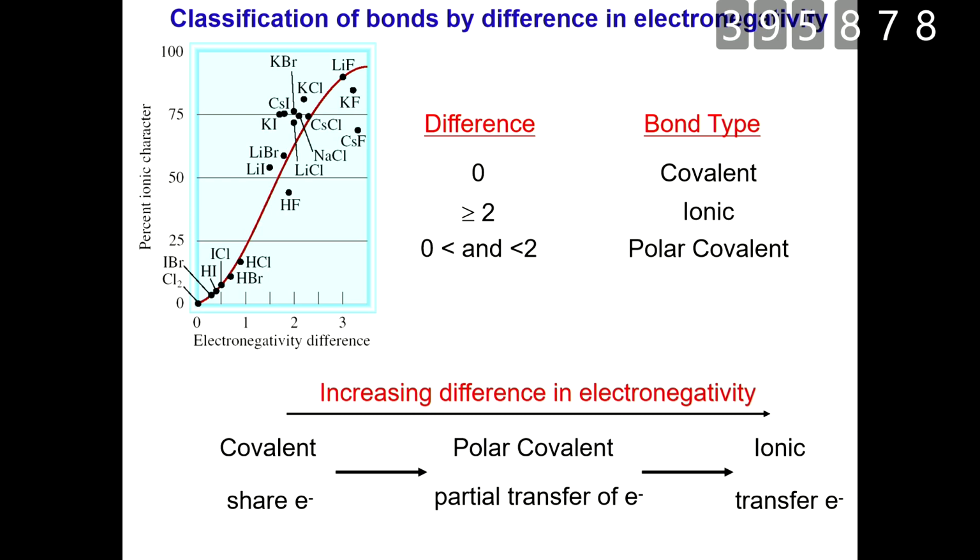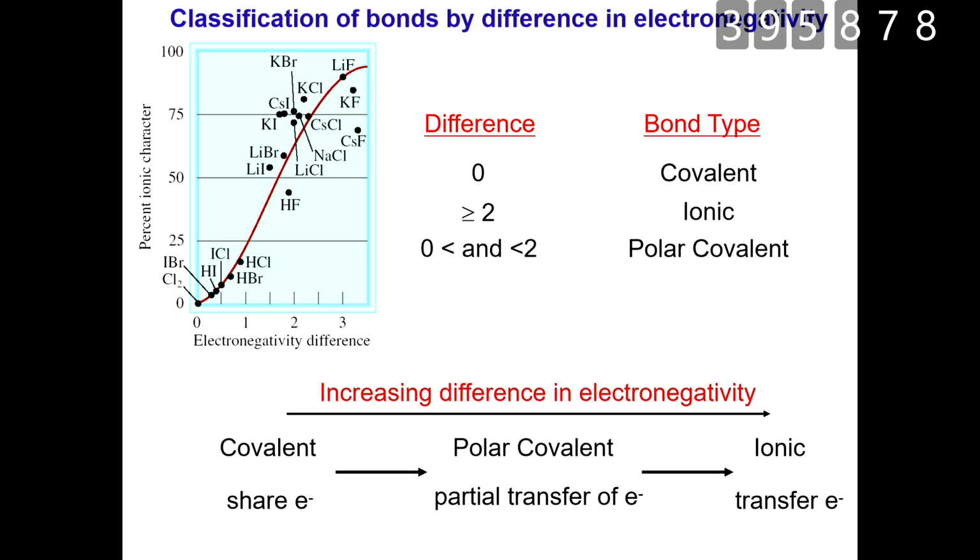Okay, so this is when their difference is big. It's bigger than 2, they will form ionic bond. So this means one electron will move from one atom to another atom. But when the difference is between 0 and 2, so they will form covalent bond.